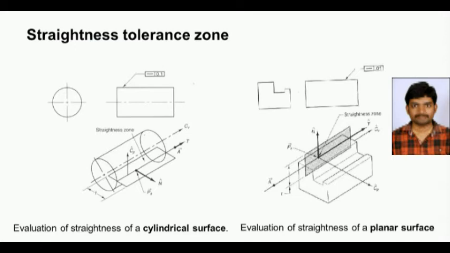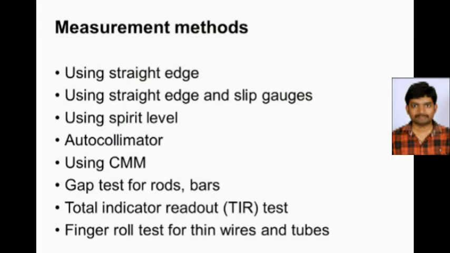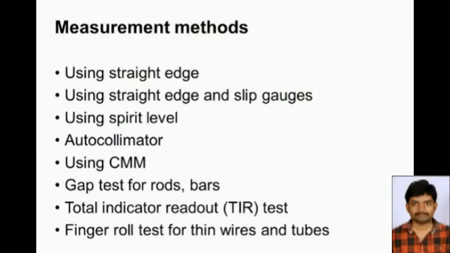Some of the methods use a straight edge. We can check the straightness with a straight edge, and a straight edge along with slip gauges can be used to assess the straightness, and we can also use a spirit level and autocollimators for checking the straightness.